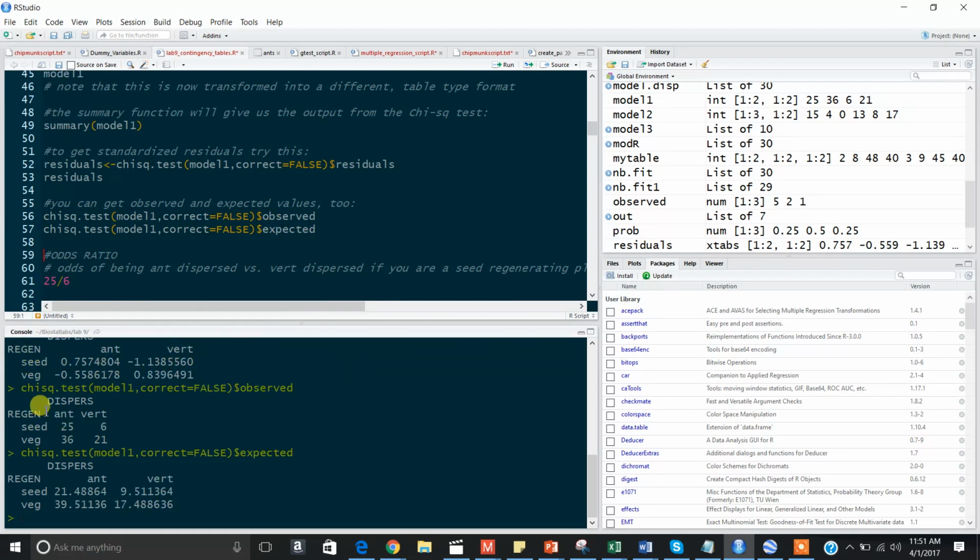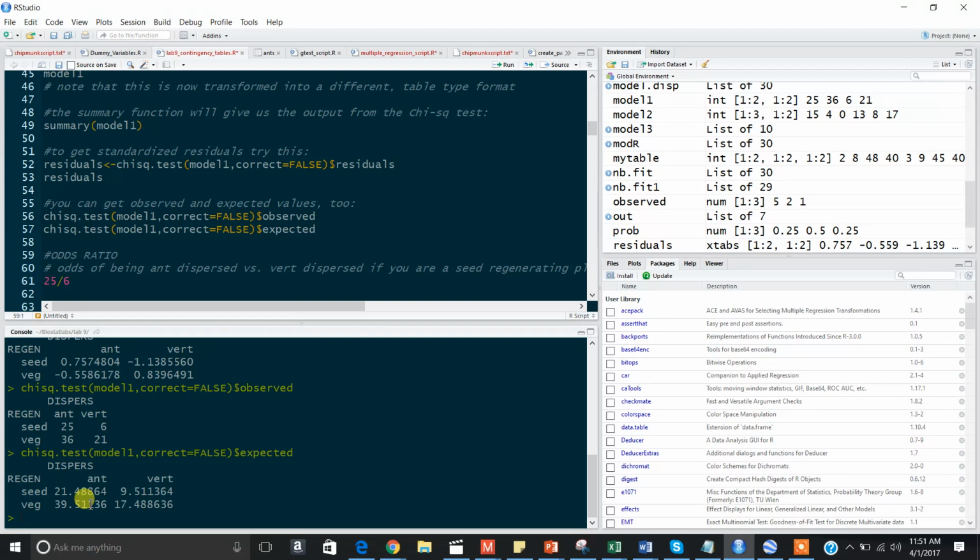So here's your observed, here's your expected. The residuals are the differences between your observed and your expected. So you can actually quantify the dispersion between the observed and expected values by using the residuals.